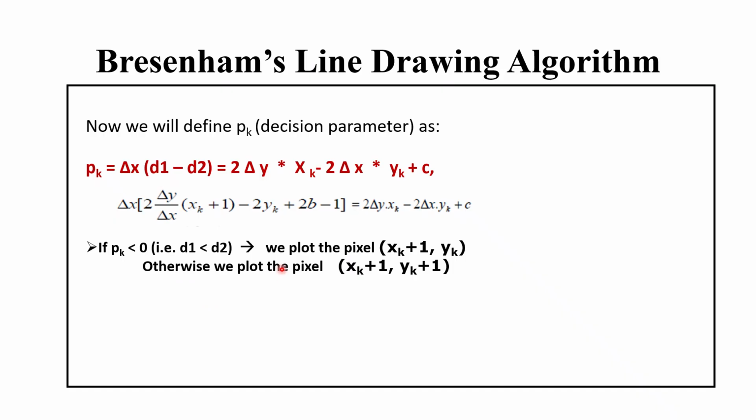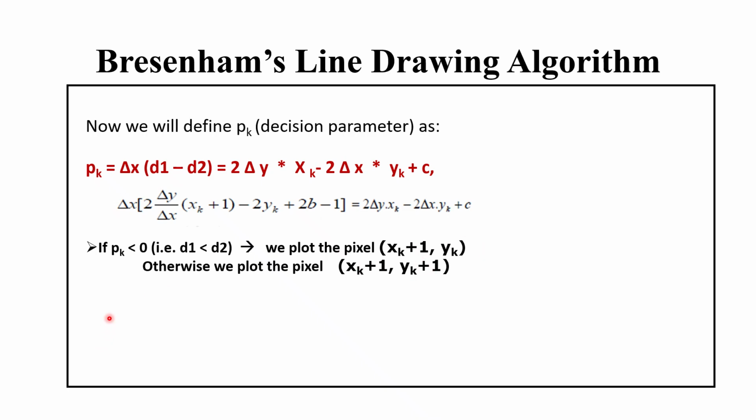If d1 is less than d2, then it will lead to a negative value for pk, that is less than 0. If that is the case, my point to be plotted will be xk plus 1 comma yk.